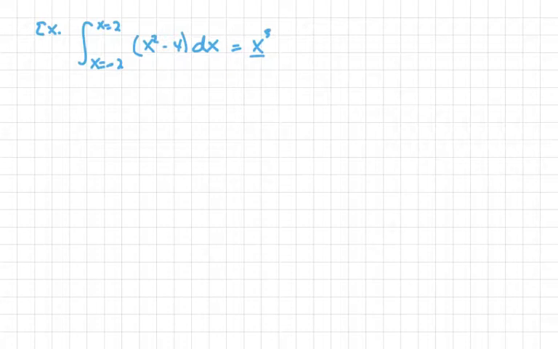So we have x squared, we add 1, that's 3, and divide by 3. And then we have a constant. Notice at this point that the integration symbol has gone away because you performed the act of integration. You found the antiderivative. And then we're going to evaluate this at the upper and lower limits.